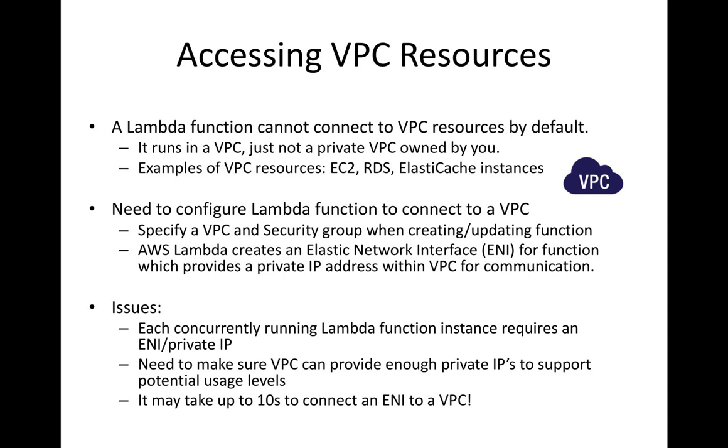And so a warmed up Lambda function will not incur that VPC attachment penalty. It's really the cold start functions that get penalized. This is really important to understand anytime you're thinking about connecting a Lambda function to anything that lives within a VPC.